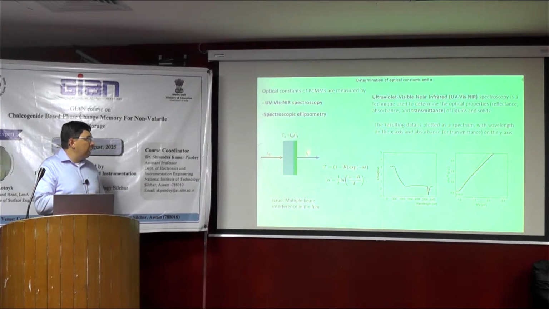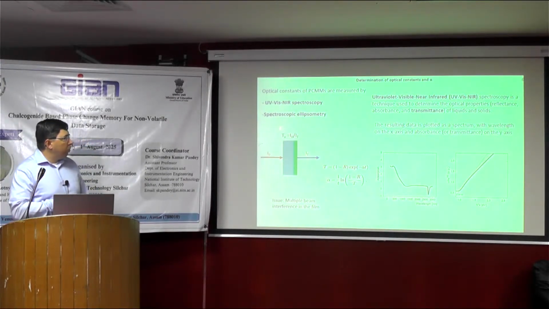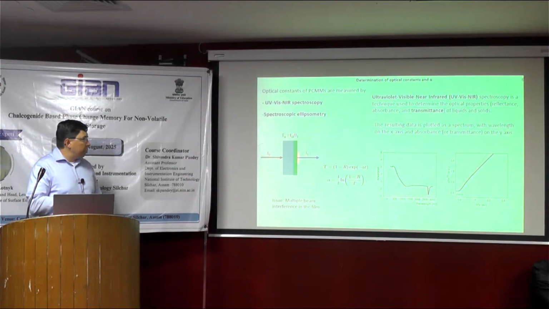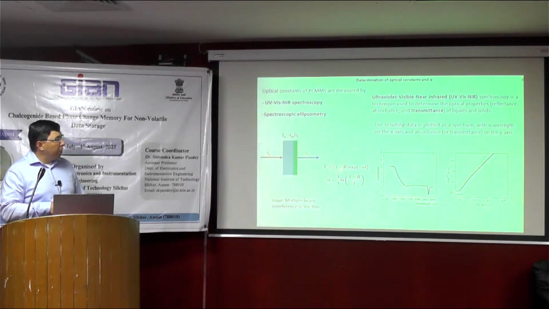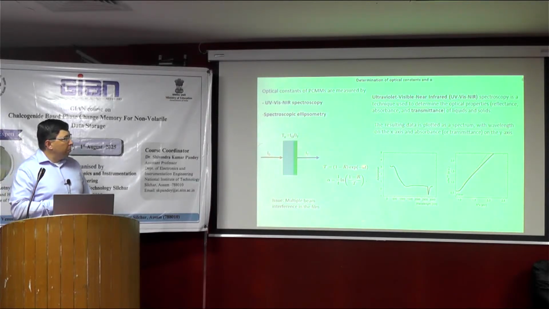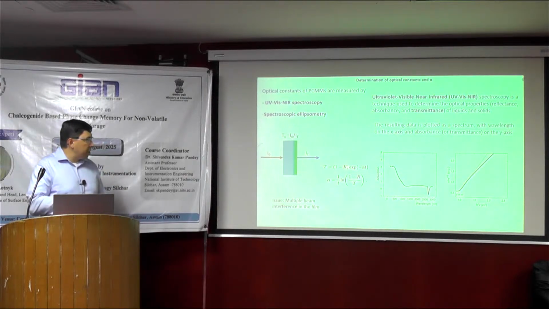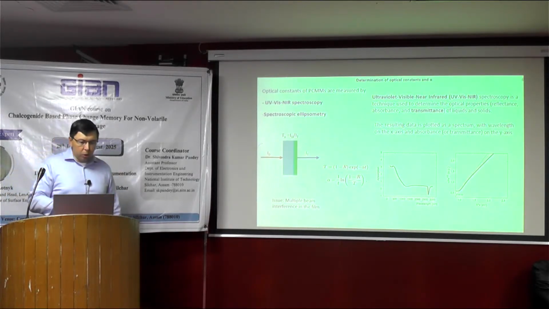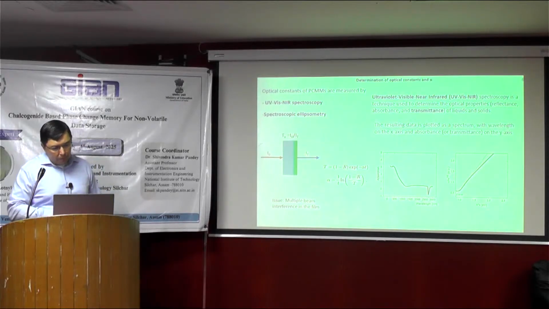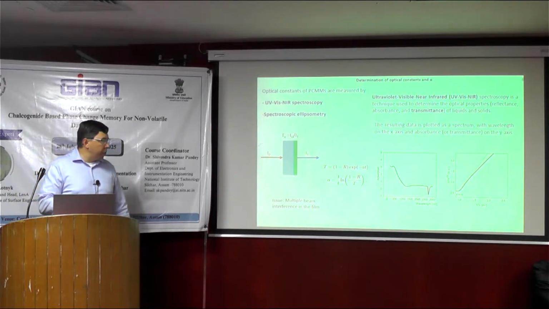Here this is IT, the transmission, and of course you have some reflections in the system, especially at the interfaces. The transmission is defined as (1 minus R) times exponent minus alpha t, where R is the reflection, as I said. From this you can rewrite it, find the absorption coefficient, and then calculate the band gap and the extinction coefficient K.